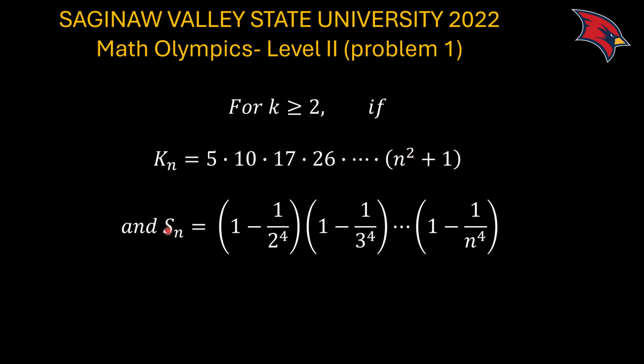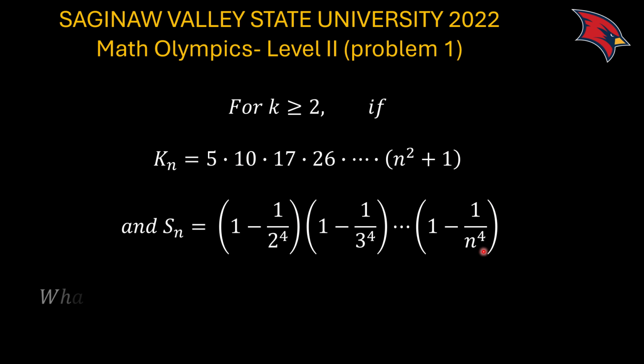And then capital S of n is equal to 1 minus 1 over 2 to the 4 times 1 minus 1 over 3 to the 4, all the way times 1 minus 1 over n to the 4.